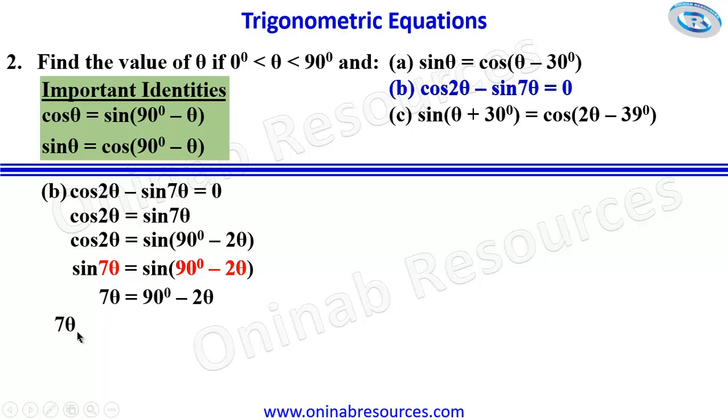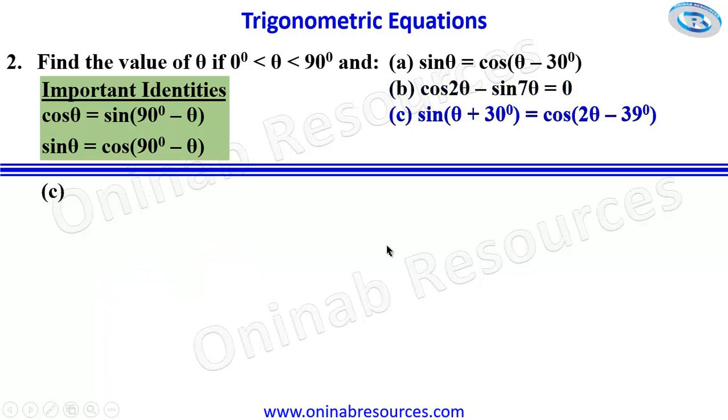I have 7 theta plus 2 theta is equal to 90 degrees. Remember, this is minus 2 theta. Coming to the left hand side, it becomes plus. So this is 9 theta is equal to 90 degrees. Dividing both sides by 9, we have theta to be 10 degrees. And that's all for problem 2B.